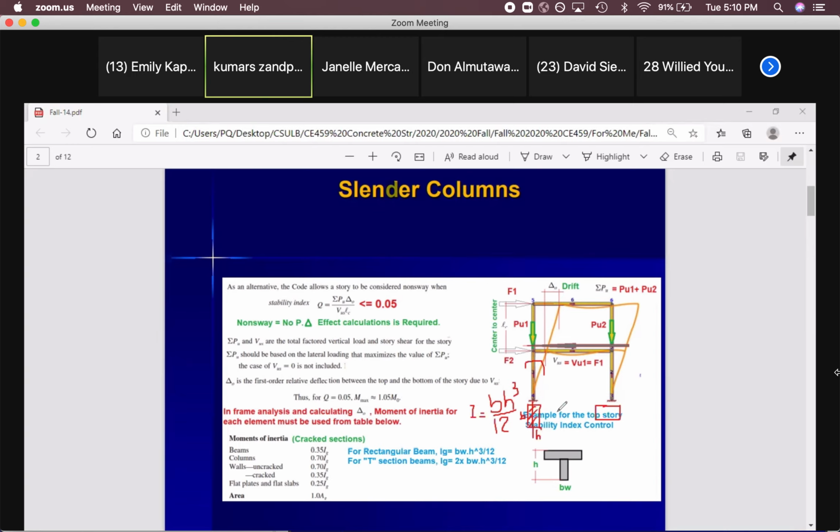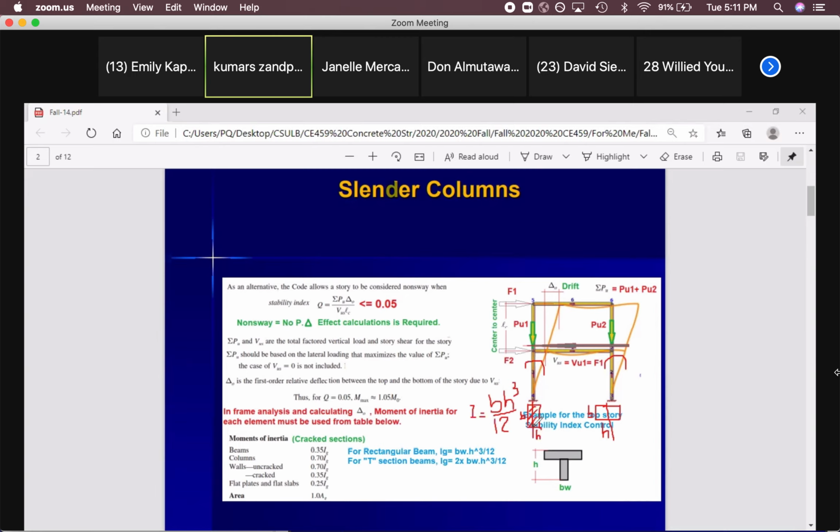This column still bends around this axis, so your bending axis for this column is like this as well. In this case, this one is B. Always B parallel to axis, H perpendicular to axis for bending. So use B H cubed divided by 12 for this, but as you can see here, H is longer than the other side.